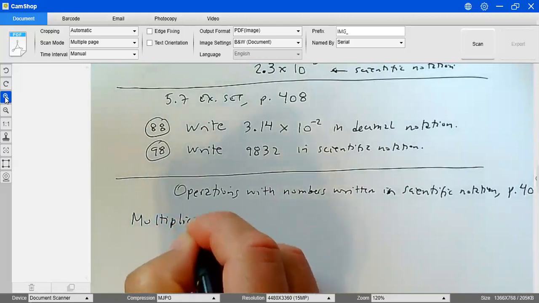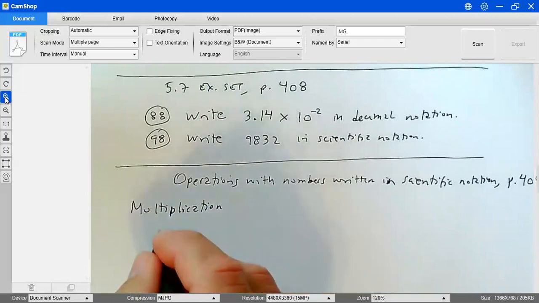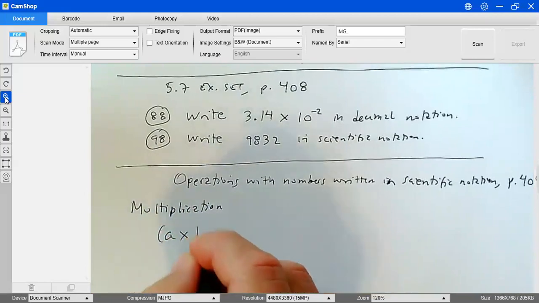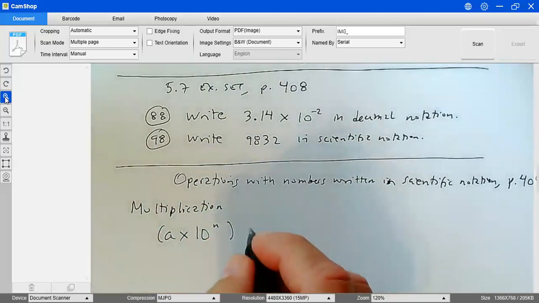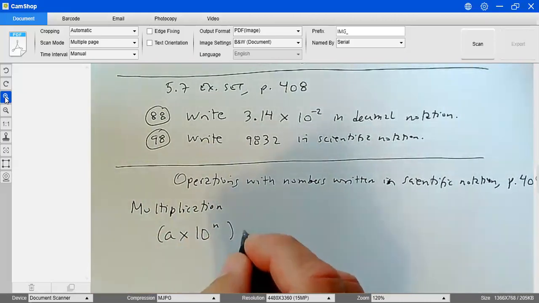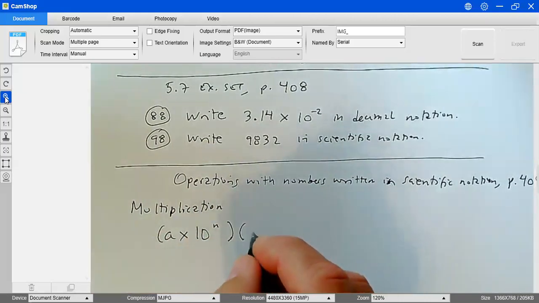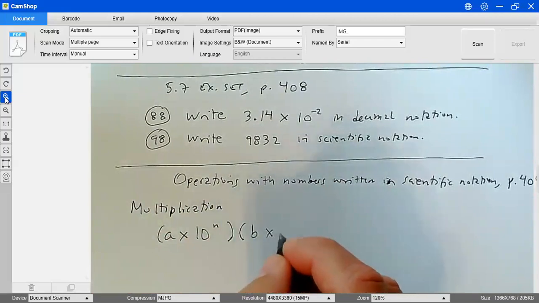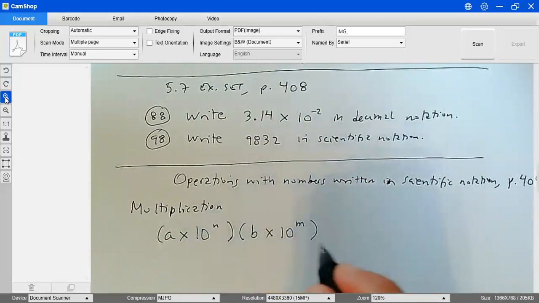So let's write. Multiplication is just a times 10 to the n times, they use times, you can use just parentheses. I'm going to write this in another way, slightly different from the book. b times 10 to the m, because we know that we can just multiply two numbers by using parentheses.